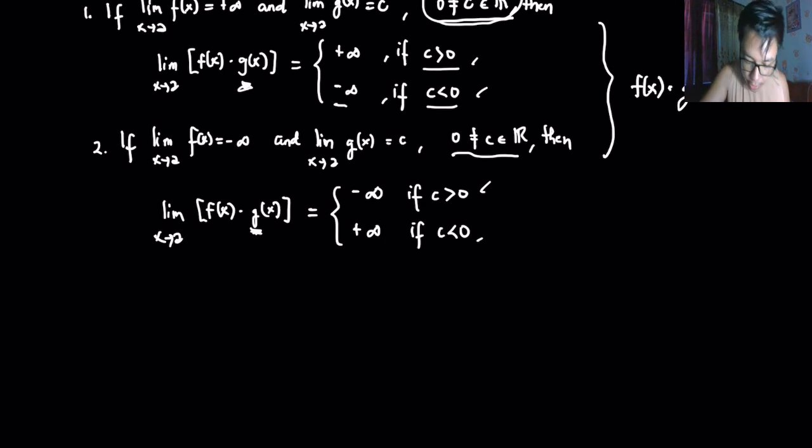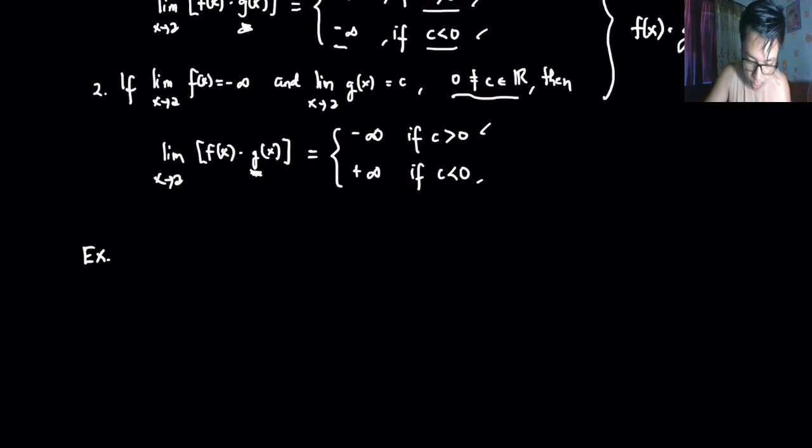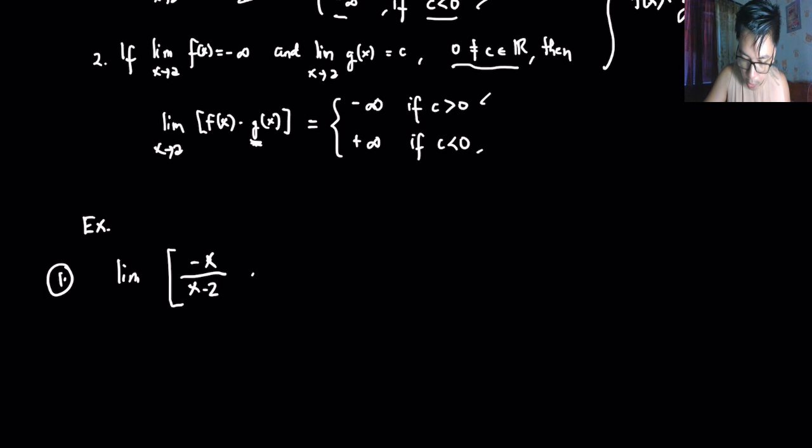Okay, so let's consider an example here. Let's say we want to solve the limit of negative x over x minus 2 multiplied by 1 minus x over x plus 3 as x approaches 2 from the left.